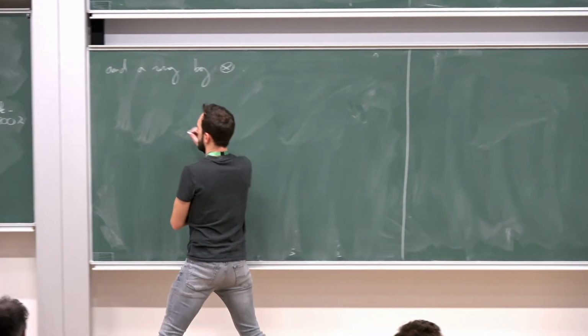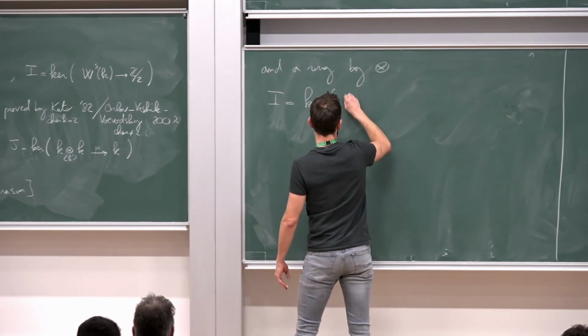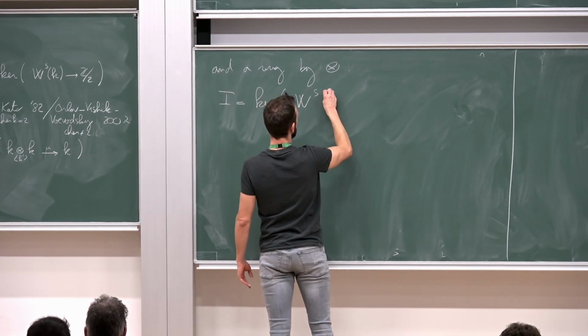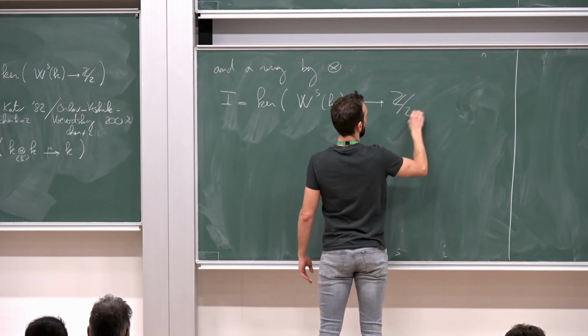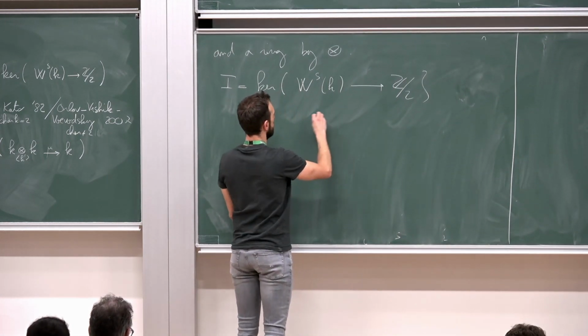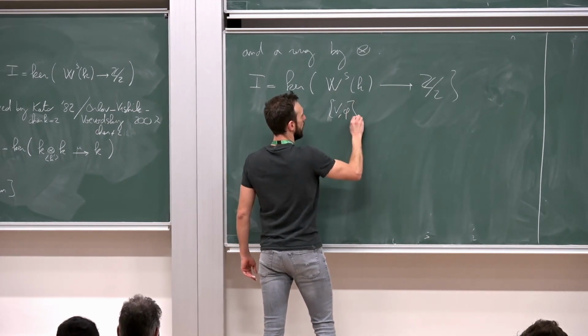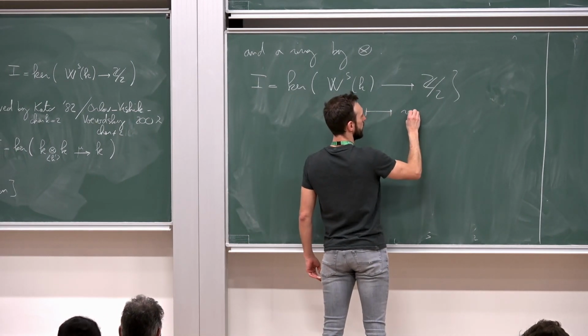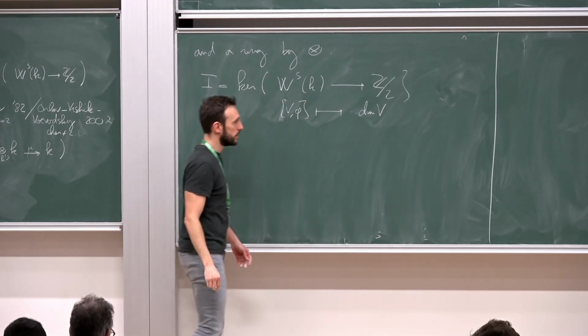And then we can define I to be the kernel of this multiplication map, which is a ring homomorphism. Sorry, this computation. And so what does this do? It sends the class of a form to its rank. Let's say the dimension of V. There's nothing to do with the form.